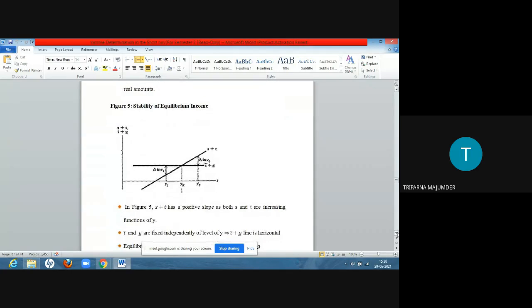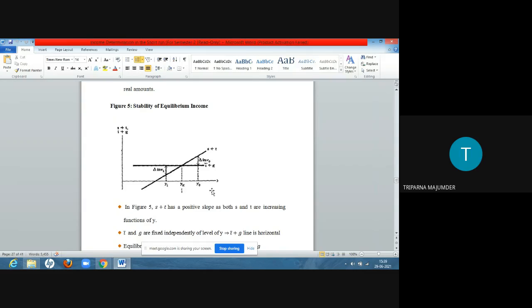Now we look at the stability of equilibrium. Now we have a horizontal I bar plus G graph. That means both I bar and G, that is investment and government expenditure, are independent of the level of income. But savings plus tax function is an increasing function of income.